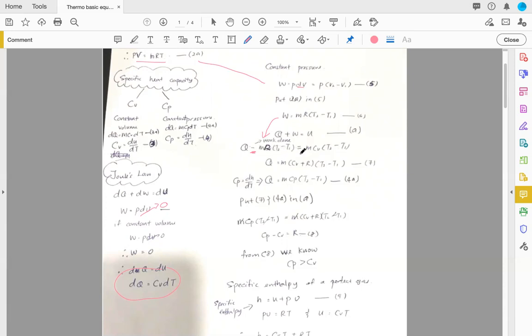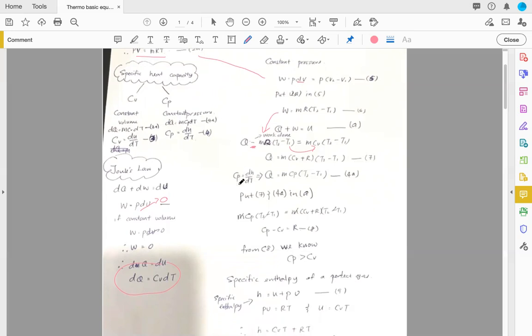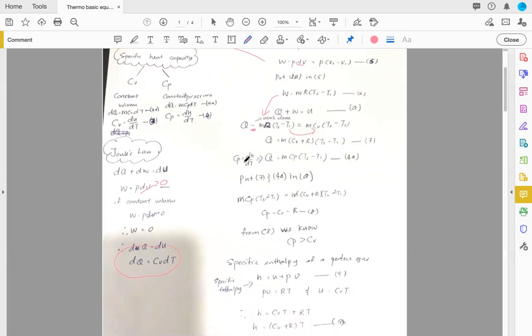So you can move this to this part, then you can get equation 7. And we also know that the Cp equals delta H over delta T. So we can have Q equals mCp T2 minus T1. So this is equation 4a that we learned from this part.